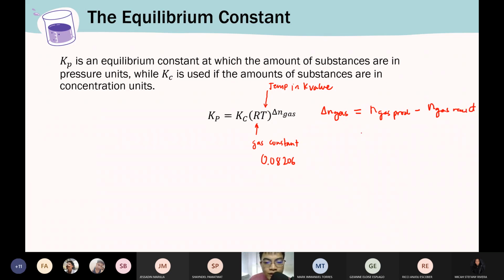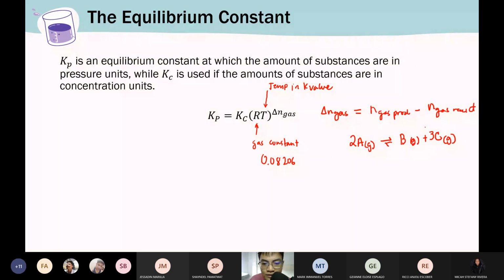Suppose you have a theoretical reaction: 2A gas in equilibrium with B gas plus 3C gas. Let's try to determine the delta N gas for the equation. So in the reactant side, I have 2A gas, and then the product side, I have B in the gas phase, and then 3 moles of C in the gas phase.